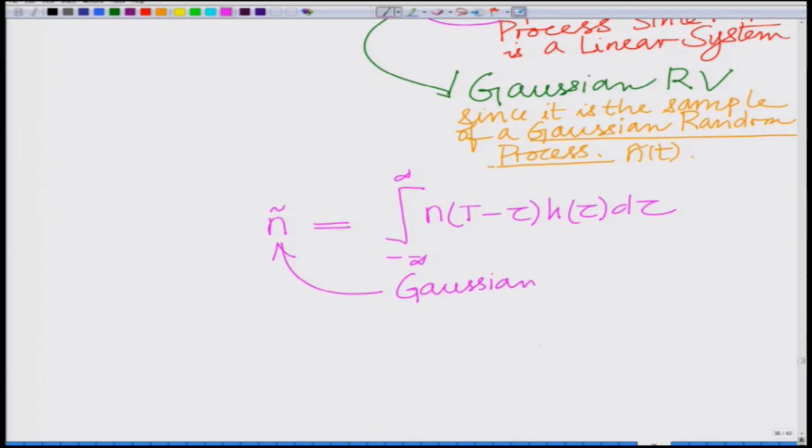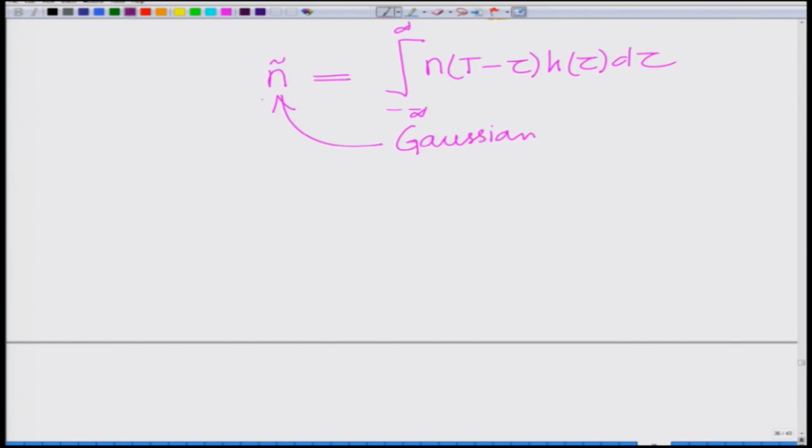For a Gaussian random variable, remember it is characterized by the mean and variance.